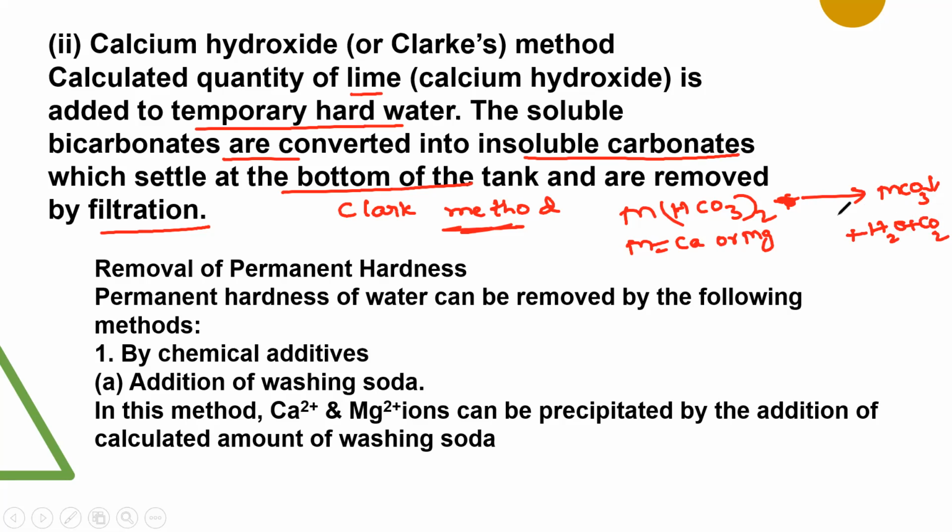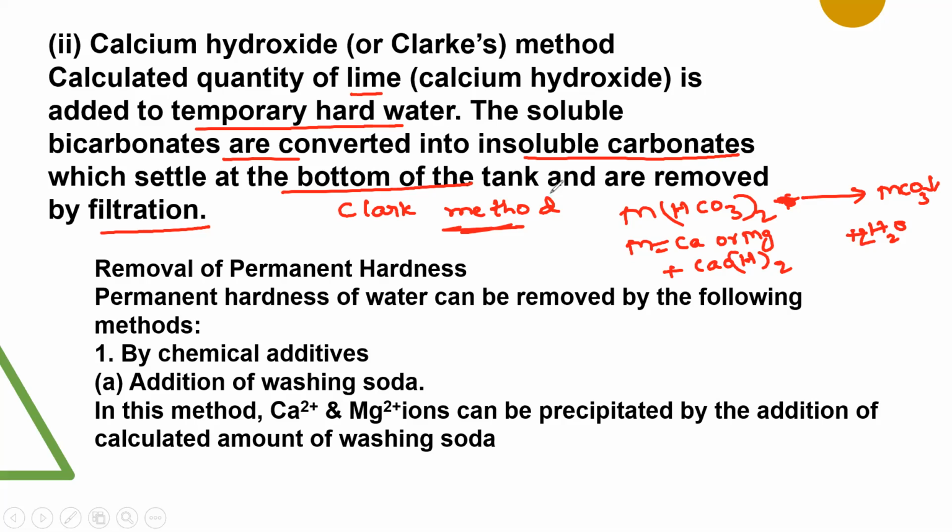If you add the calculated amount of calcium hydroxide, it forms the M carbonate plus calcium carbonate precipitate plus water. No carbon dioxide is formed. So here, no carbon dioxide. Please make a note. So this is called Clark's method.